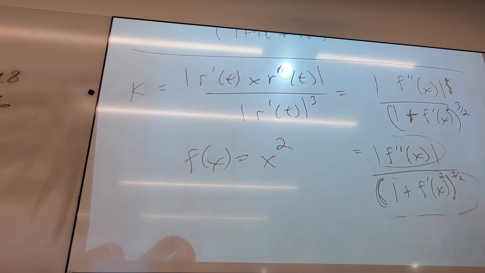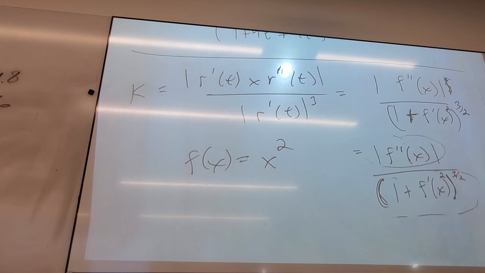No. Can I distribute a power? You're talking about the square killing the over 2? Yeah, because I can't distribute the powers. 1 plus f prime squared, all of it to the 3/2 power, and the 3/2 power can't distribute. Don't get me wrong, I love it. Concavity over what? Concavity over the length of the arc.